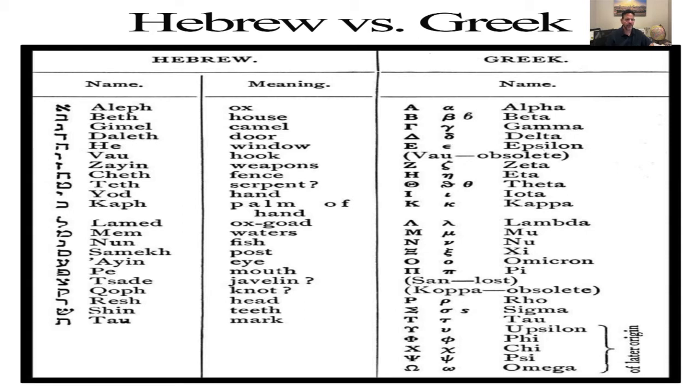You can go on down the line and see there is an equivalent letter for each corresponding Greek letter, but there were some letters added. So that is the reason why we have Omega as the last letter, because those letters were added. They were added because you can even see a letter like Tav or Tau, and then the Upsilon, Phi, Xi, or Chi, Xi, Omega are all added.